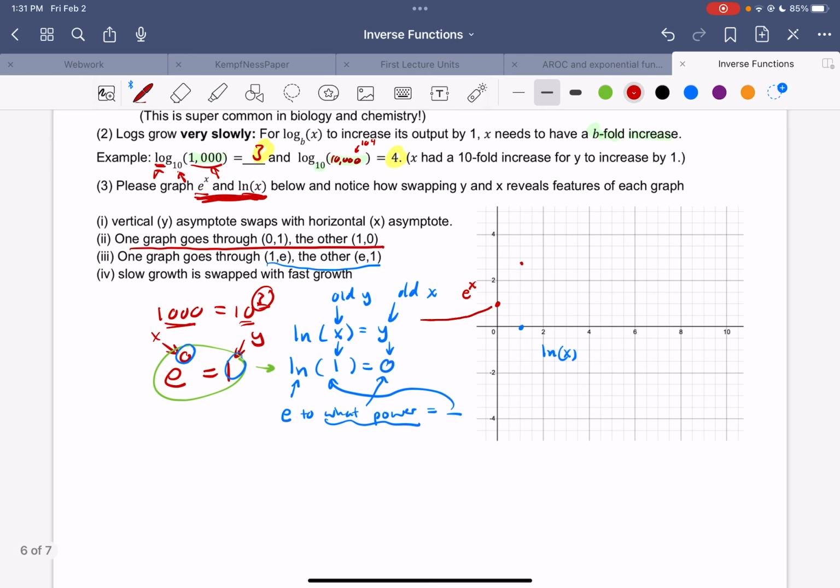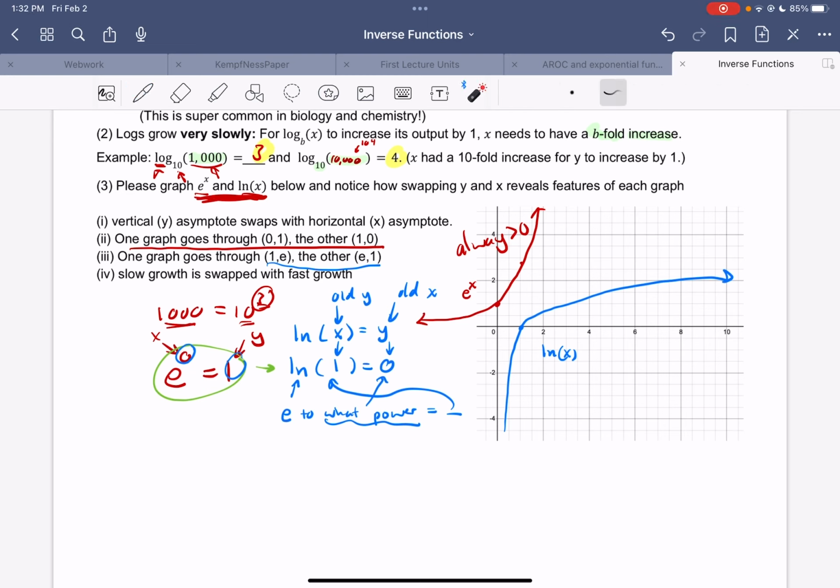So the exponential graph looks kind of like this. It just gets really big really quick, and it's always positive. The natural log graph looks like this, and boom. It's going to grow really slowly.